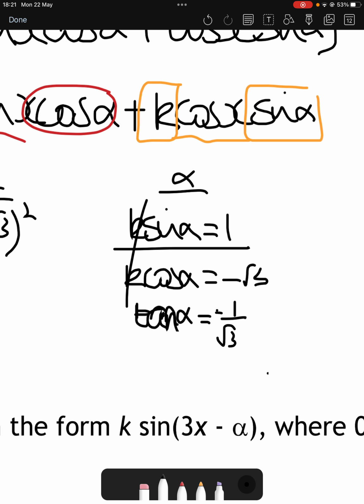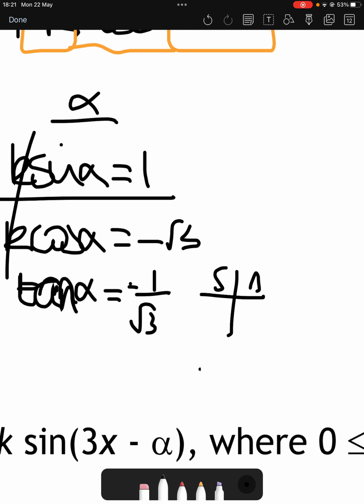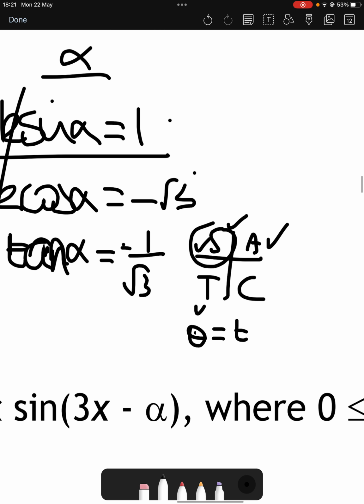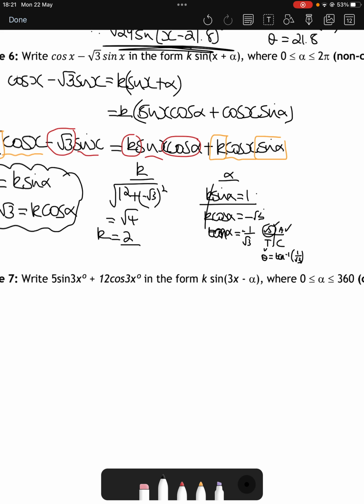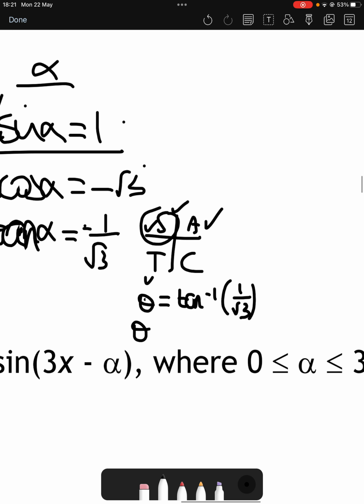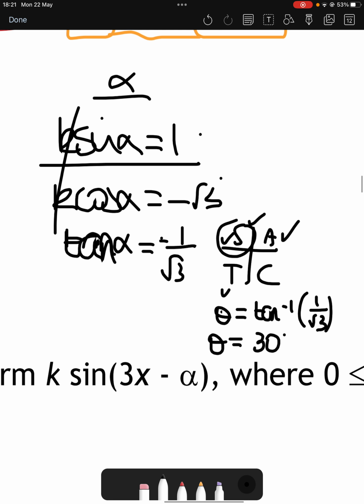Okay, so we have sine over cos, which is tan, and that gives you negative 1 over root 3. Okay, looking back here and here, so sine is positive, but cos was negative. That's there and there. Okay, your theta of 1 over root 3. What is this in? It's in radians. So we're going to do it in degrees and then we're going to go back to radians. So what gives you 1 over root 3 is 30. So alpha, what quadrant am I in? 180 minus 30, which is 150.